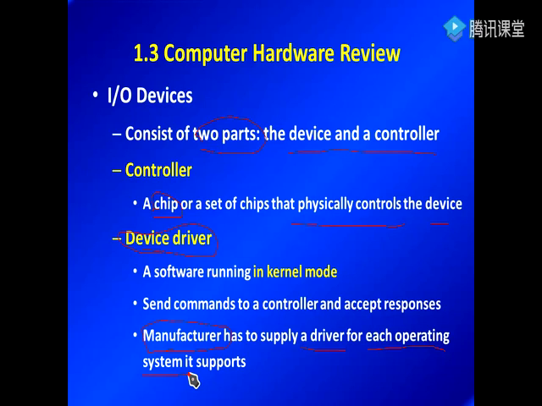And then the driver transforms the commands from the operating system into commands which can be understood by the controller. And then the controller does the real physical operation on the physical device. So this is how one single I/O operation is processed in the computer.